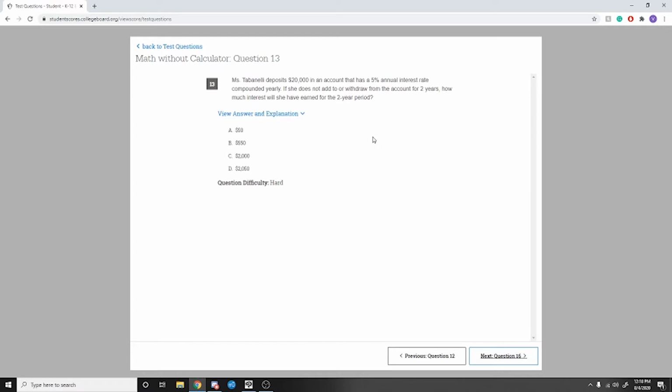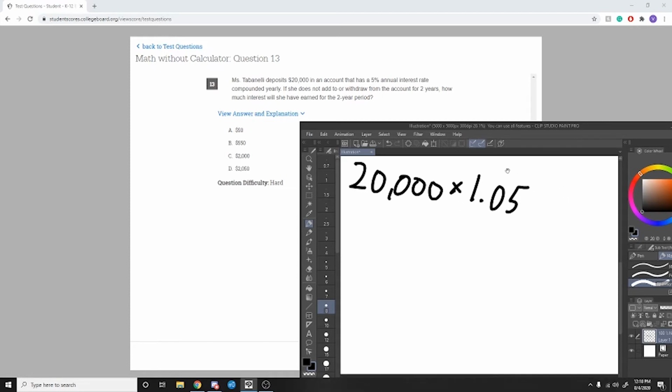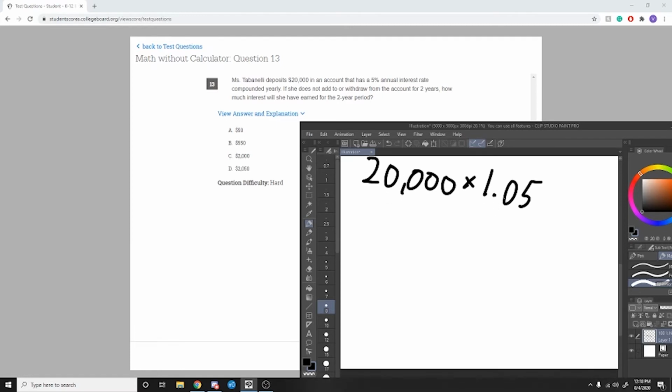So now we know it's 20,000 times 1.05. If you don't know what 5% of 20,000 is, it's fine, because you should know what 10% is. 10% would be 2,000, and half of that would be 1,000.